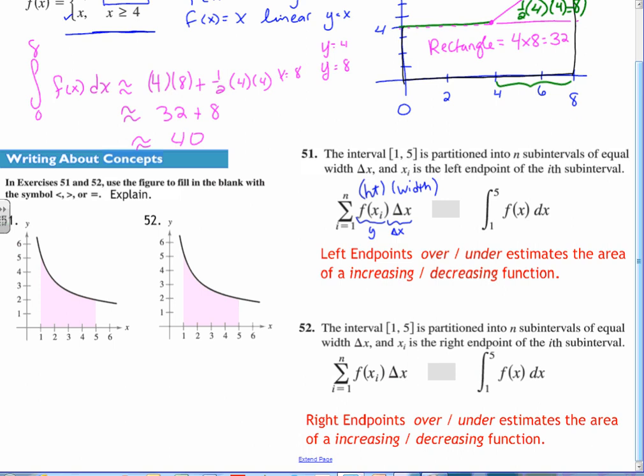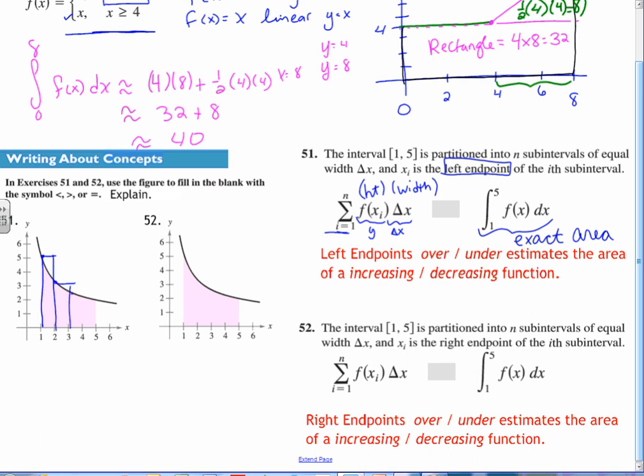We want to compare this calculation on the left to the calculation of the actual integral from 1 to 5. Now this is going to be the exact area under the curve. What they're asking is a comparison: which is bigger, which is less than. So the summation, if I base this on the left endpoint, and I'm starting at 1, because I noticed the index says from 1 to 5, left endpoint would create rectangles based on the left-hand side.